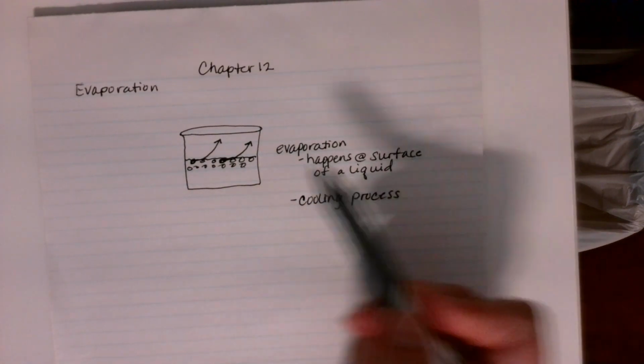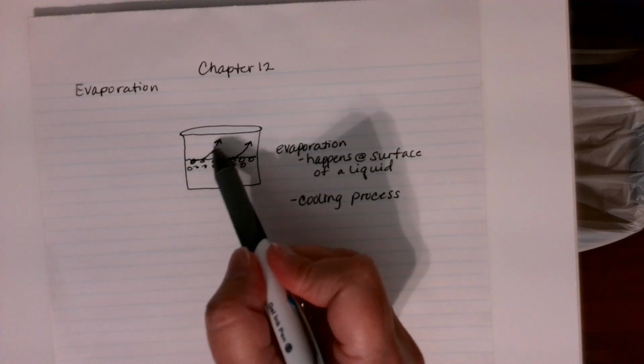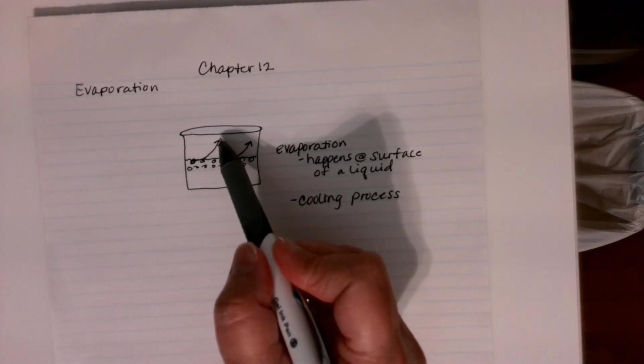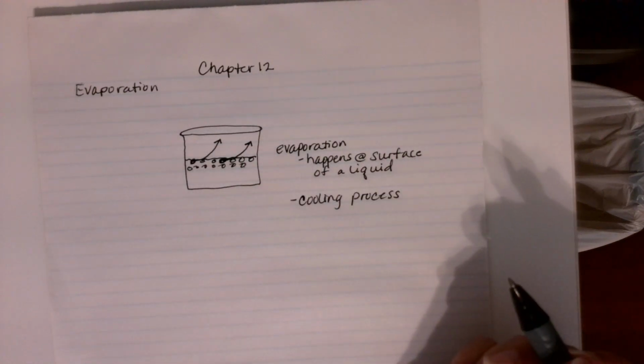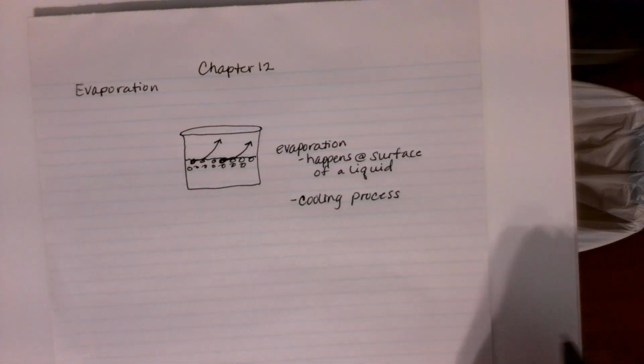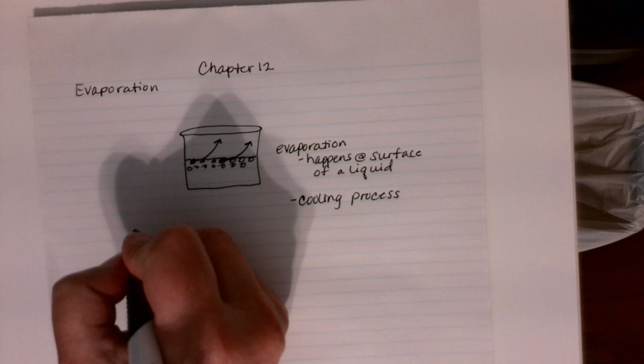And it's a cooling process, like I said, because those higher kinetic energy particles are leaving. Therefore, the liquid that is left has less kinetic energy. Now, the rate of this evaporation can vary depending on some factors.